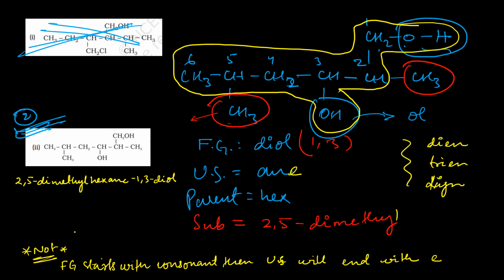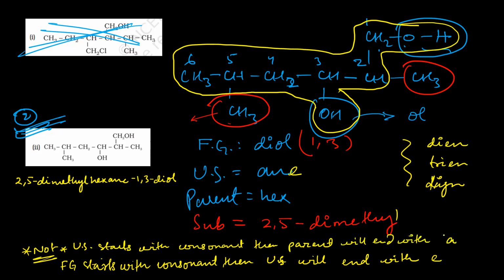Now in that case what you have to do, if the unsaturation starts with a consonant, then the parent will end with A. Salman, Khalid, Hishma remember this. Meenakshi, Samaira, do you remember? Yes, sir. We studied this in 11th as well.